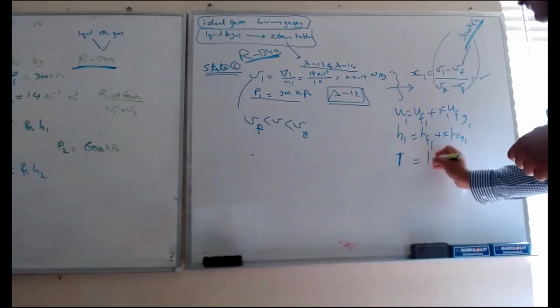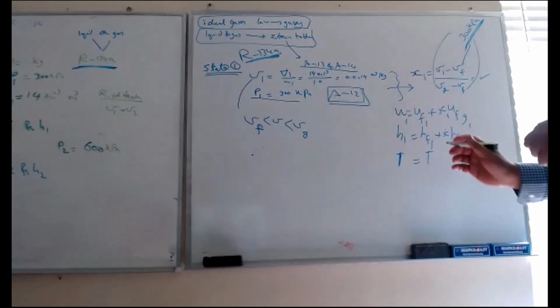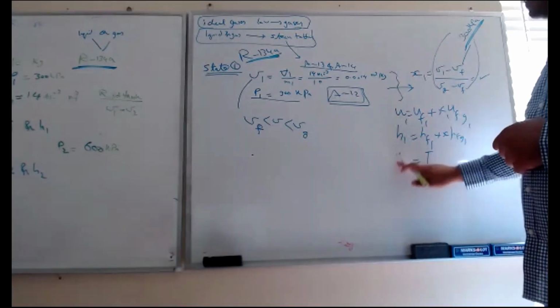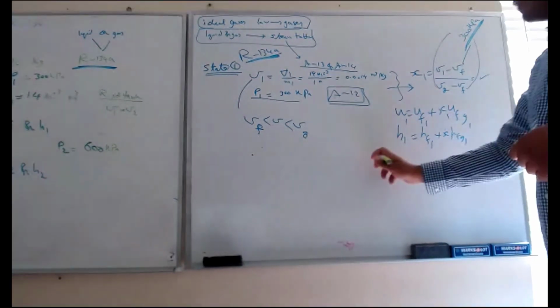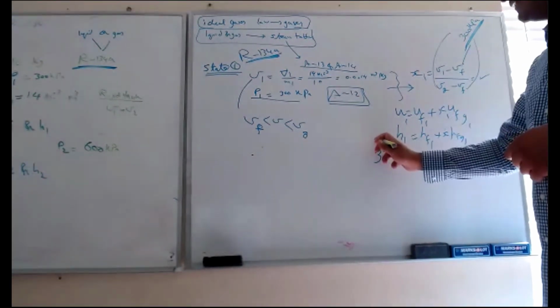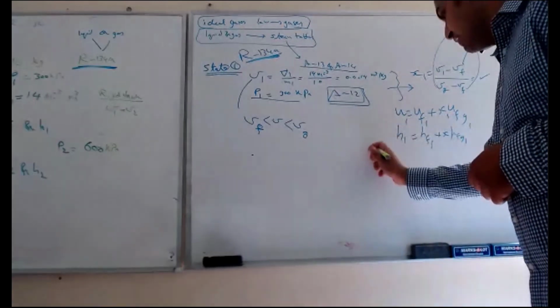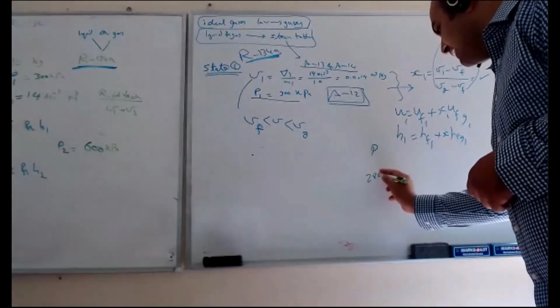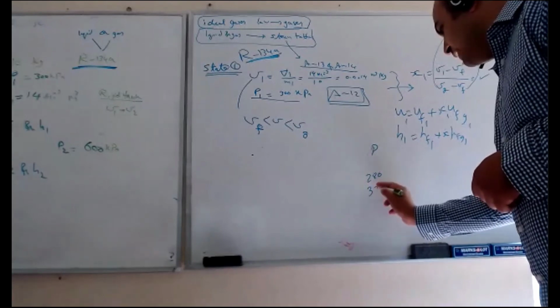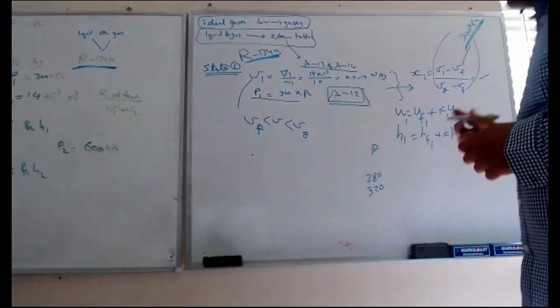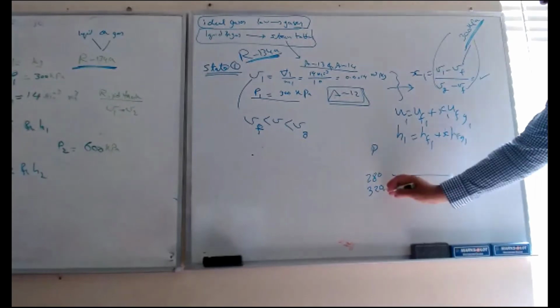For T, unfortunately you will find here two rows, 280 and 320 kilopascal pressure. Do you remember, guys, what we should do? If we go to a pressure table, you find 280 and 320. What should we do, guys?